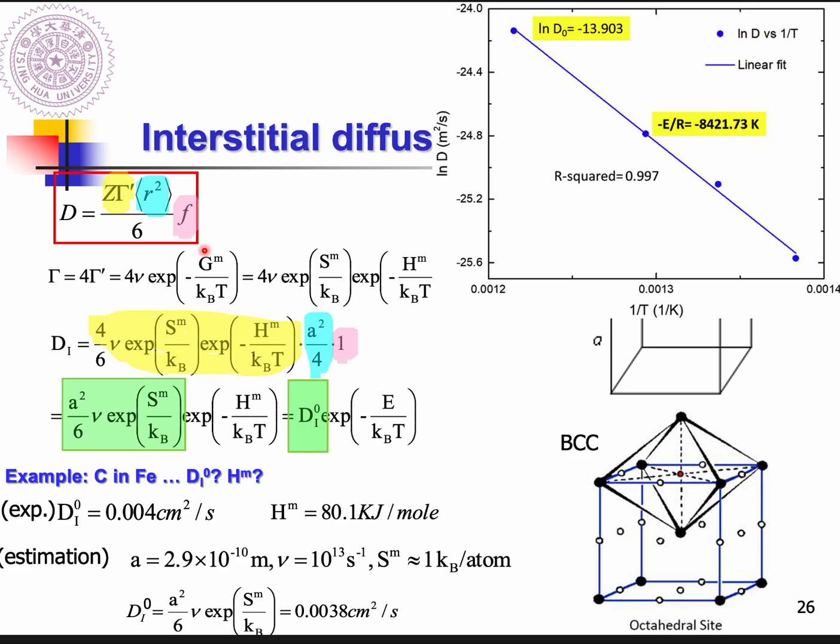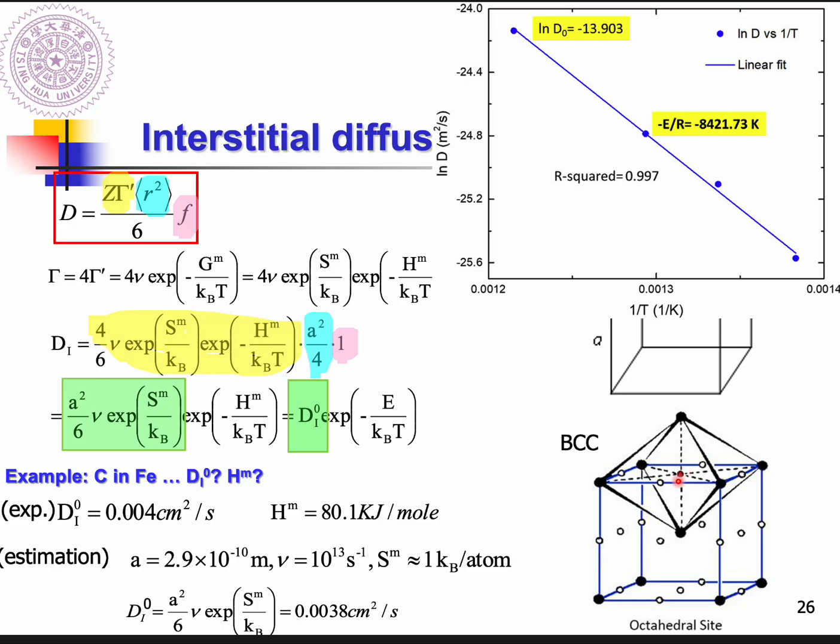But some people will probably ask, Professor, we actually learned Fick's first law, right? For this diffusion, the interstitial diffusing through a crystal, can we get the diffusivity through Fick's first law? Fick's first law means the flux equals minus diffusivity times the concentration gradient.